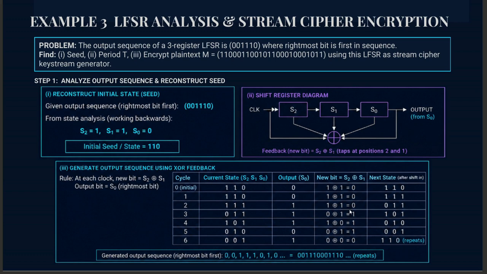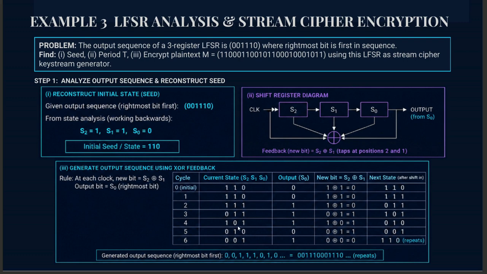Output 1, feedback 1 XOR 1, 0. Shift and insert 0 and the state becomes 011. So the current state of cycle 3 is 011 and the output is 1. Feedback 0 XOR 1 equal to 1. Shift and insert, and the state becomes 101.